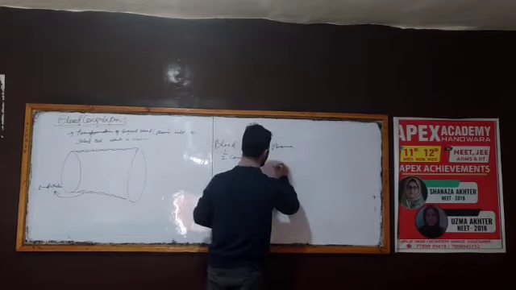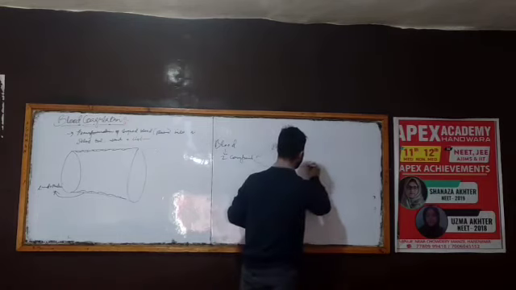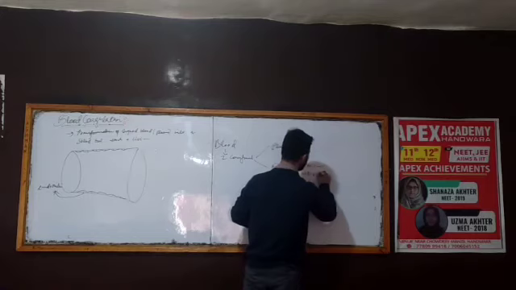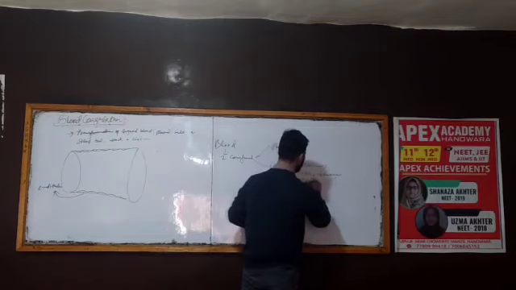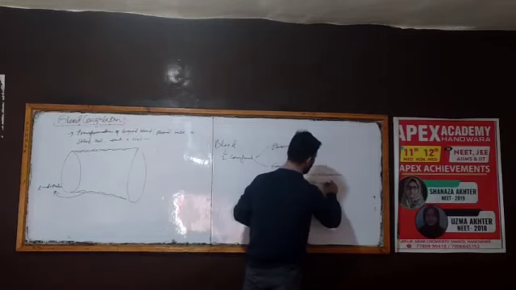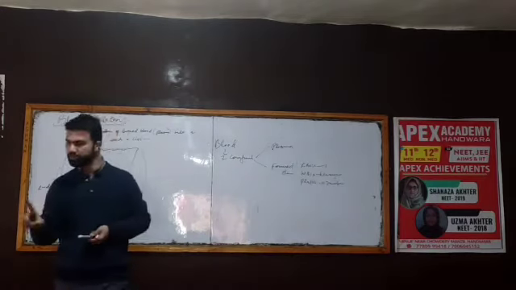Second is formed elements. If you see the formed elements: RBCs, erythrocytes; WBCs, leukocytes; and platelets, thrombocytes. Okay? And we have already discussed it in detail.